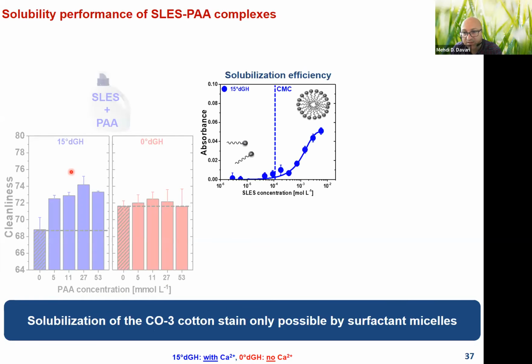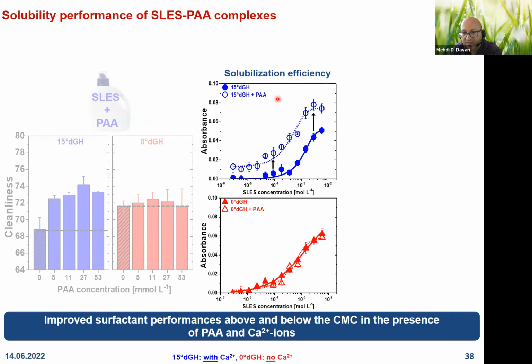This is opposite to the common general knowledge that washing is better in soft water. But interestingly, when we look at our solubilization efficiency, as you see here, we look at the surfactant concentration and the cleanness. We see that cleanness is mainly possible when we have the surfactant micelle, so above the critical micelle concentration. And what is very interesting is that when we add the PAA, we see that this improvement of solubility is much more pronounced when we have hard water.